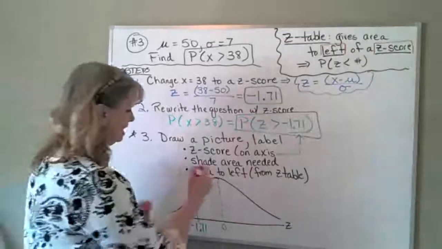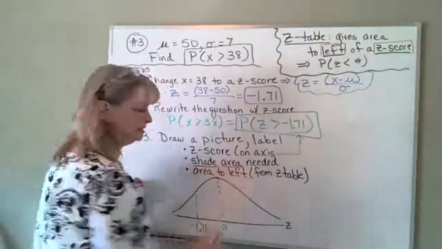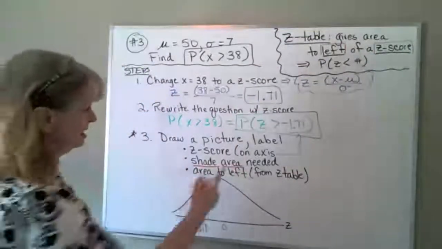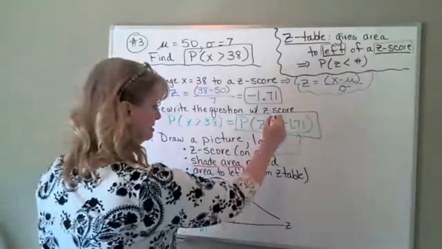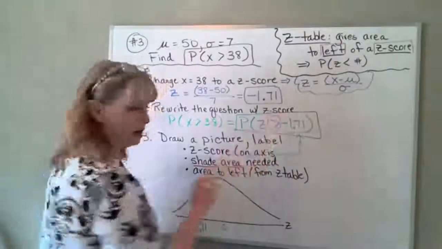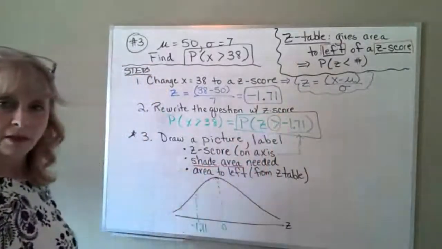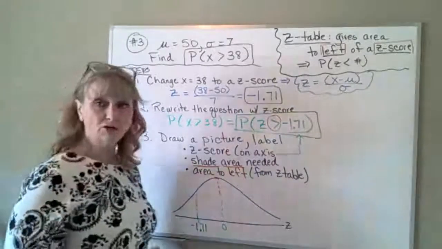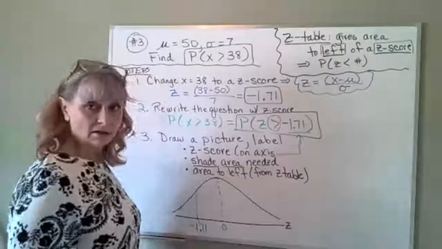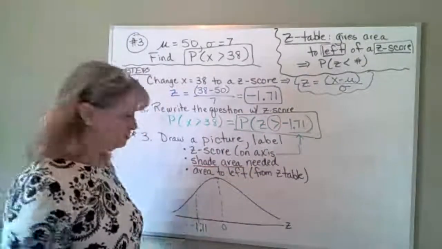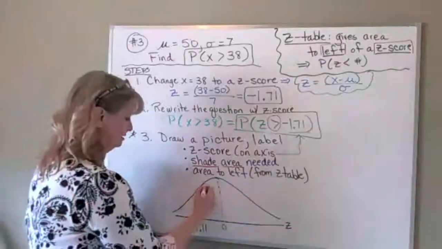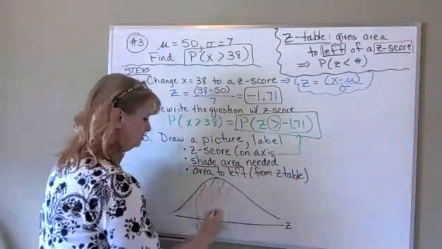Next, I'm going to shade the area that I'm looking for. On this one, this is a greater than problem. So the z-scores that are greater than this one are going to be to the right. So on this one, we're shading to the right.